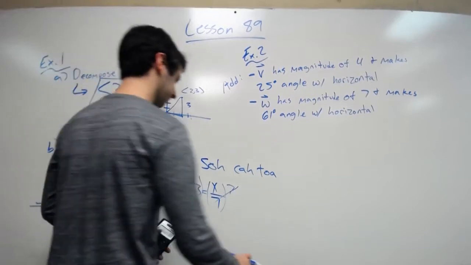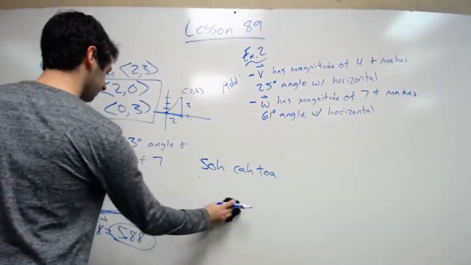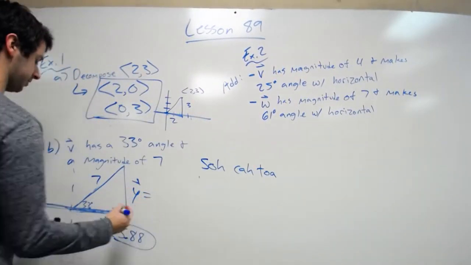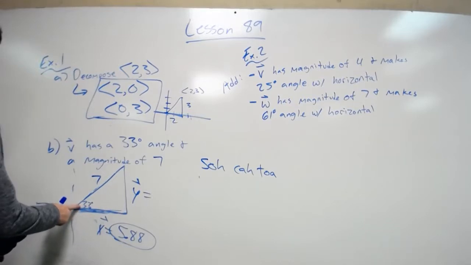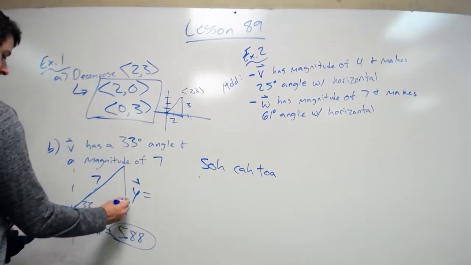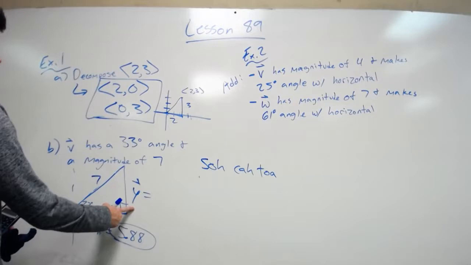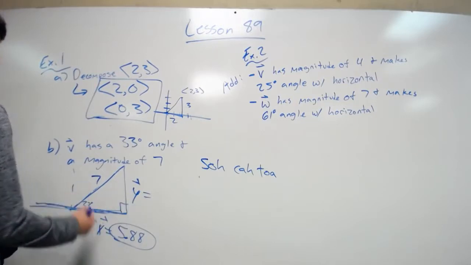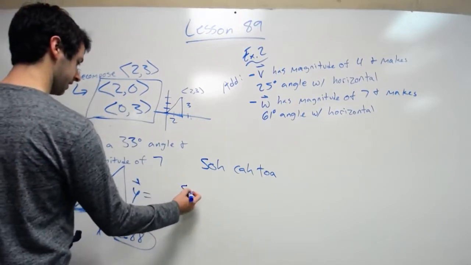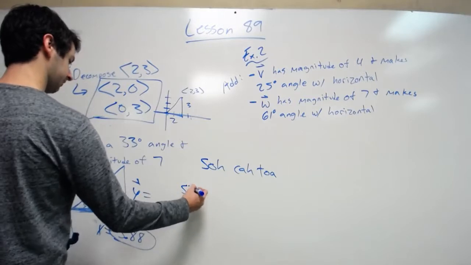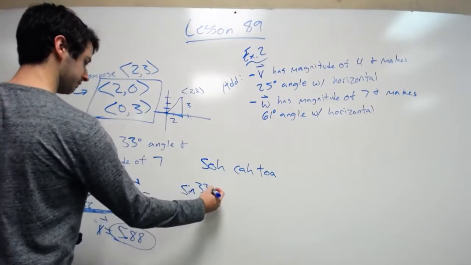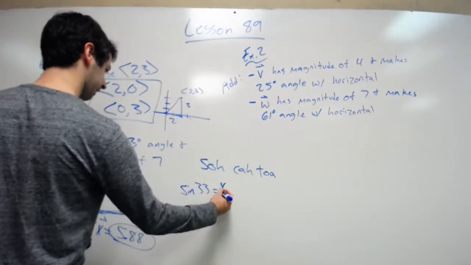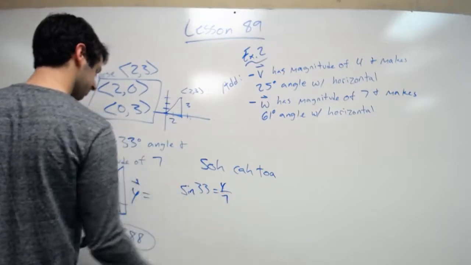And then I need to find vector y. From the angle of 33 degrees, we have the opposite and hypotenuse. So I'm going to use sine, because sine of 33 would equal the opposite, being y, over hypotenuse, being 7.